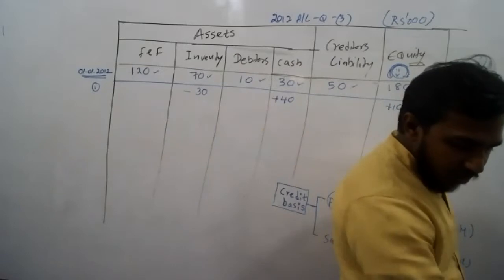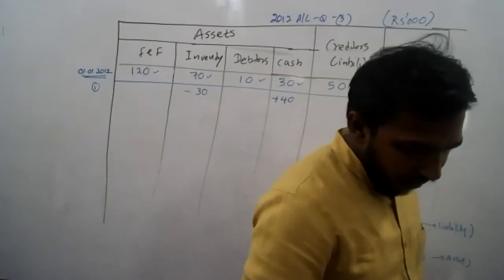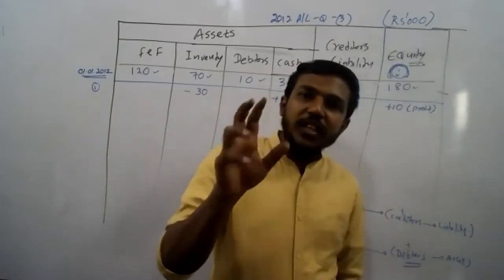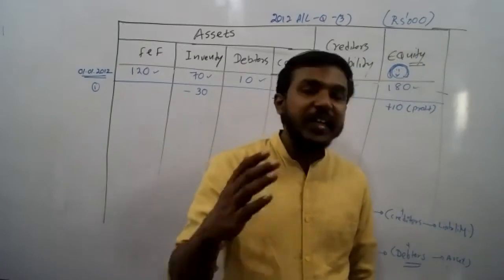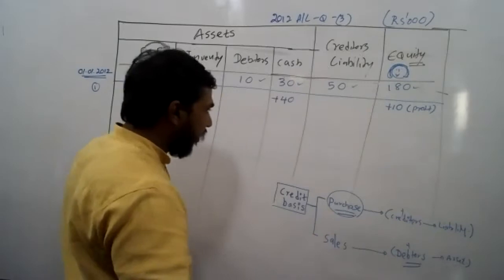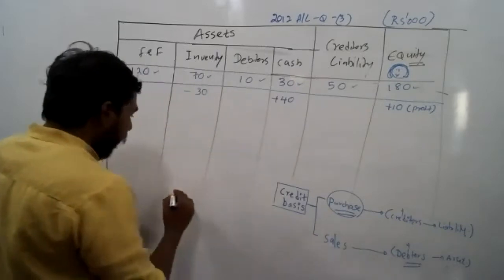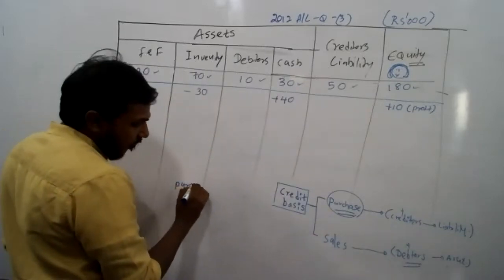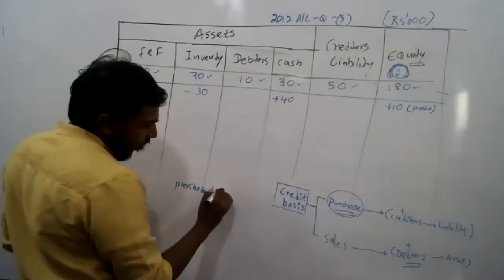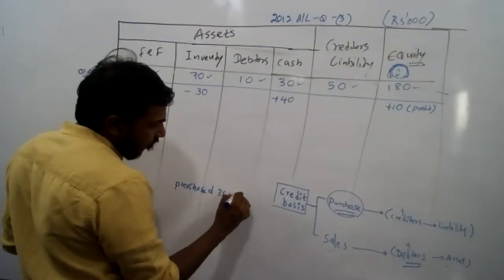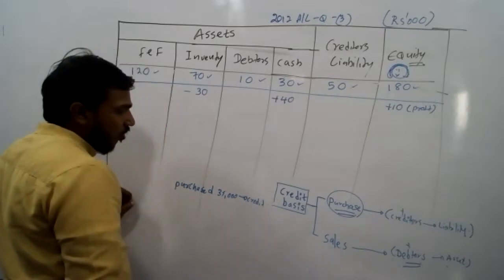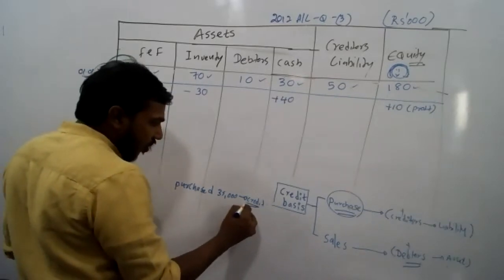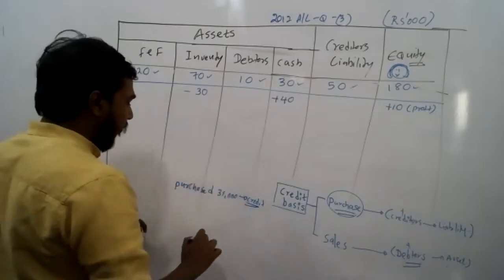Then the next question, the second one: purchase 35,000 worth of goods on credit, right? So you have purchased 35,000 worth of goods on credit basis.